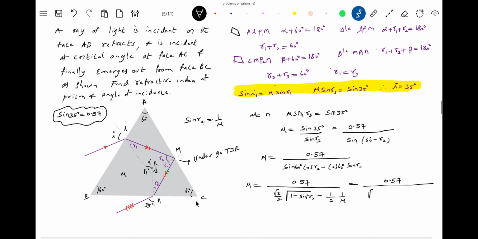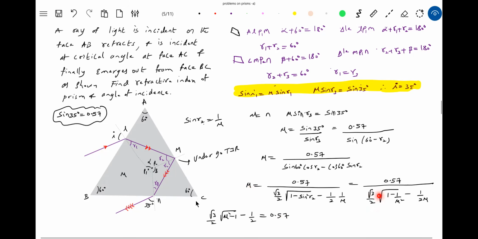So this will become root 3 by 2 root of 1 minus 1 by mu square, minus 1 by 2, equals 0.57 over mu. How did this equation come?